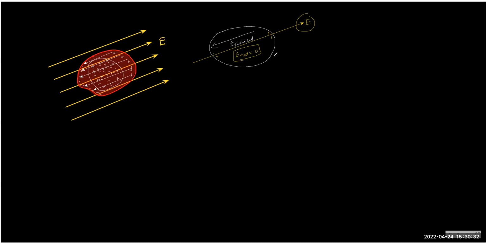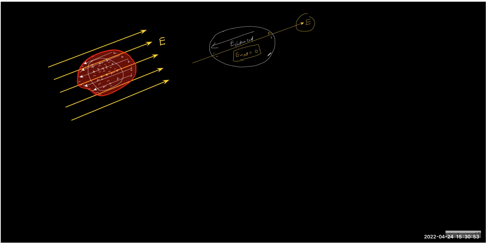The property of the induced field is that it only exists within the volume of the conductor, and it will always try to nullify the external field that we apply, and the net field will again be zero only.